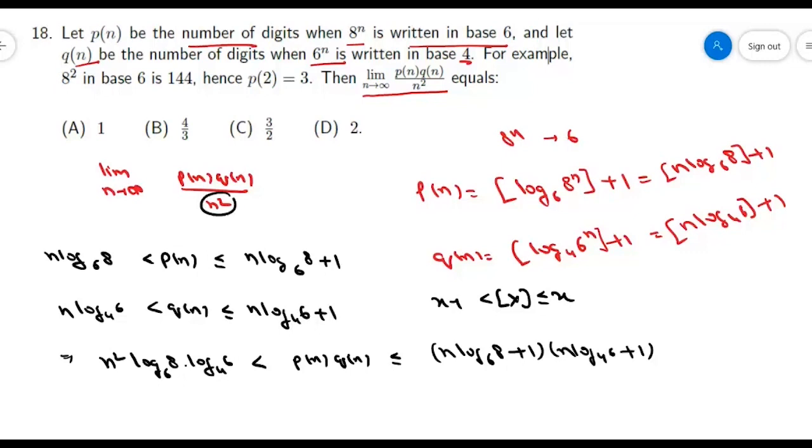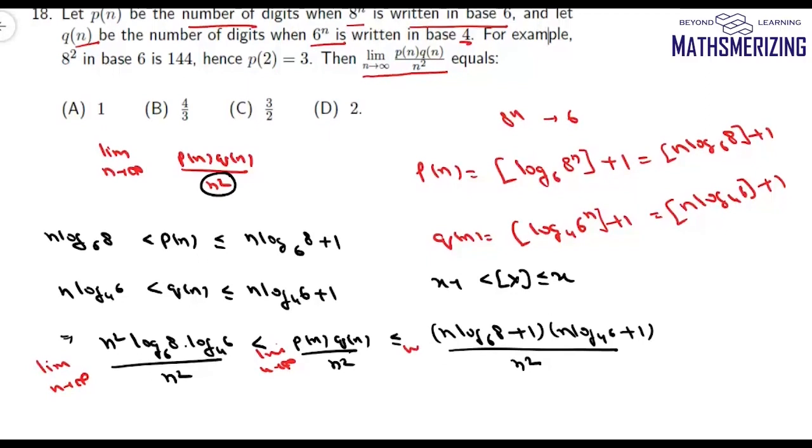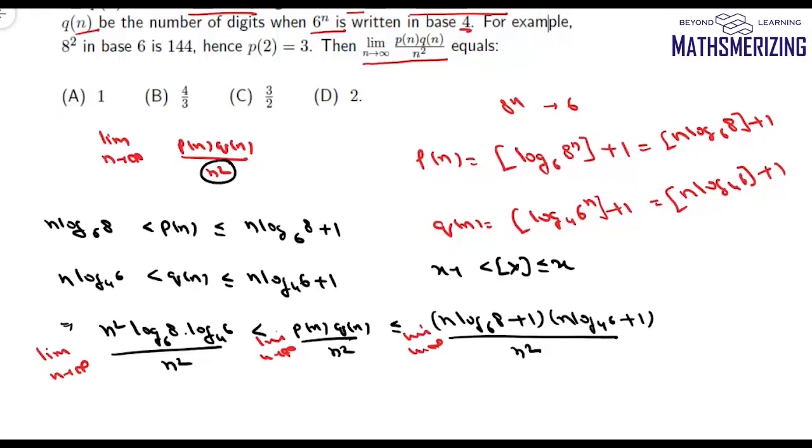So now I need to find this limit, so I'll divide everything by n square, and I'll take the limit as n tends to infinity. Since it is an infinite limit, the highest power of n in the numerator and denominator is 2.